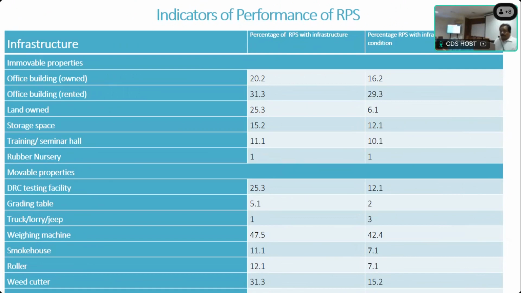Or for DRC testing facilities, 25% had some kind of machinery to test, but only 12% were in working condition. So there is a clear lack of the basic infrastructure required for the rubber producer societies to survive. And it's not only the one-time investment in buying these things; there is no maintenance available. That is why they are falling into disorder.